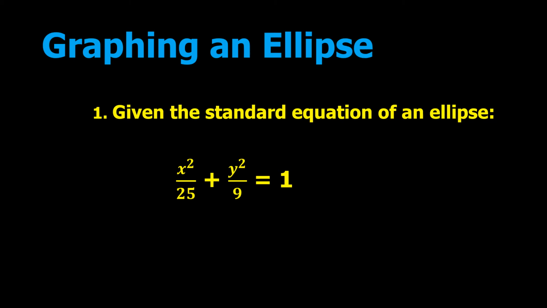So we can easily identify the principal axis. Since 25 is paired to x squared, or its numerator is x squared, then we can say that the principal axis is the x-axis.